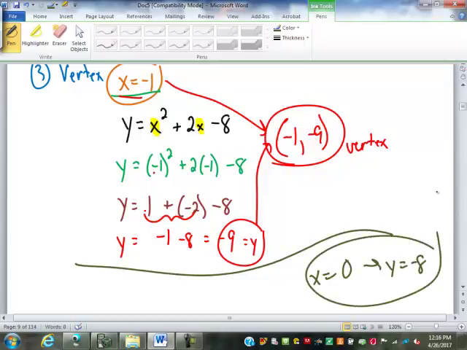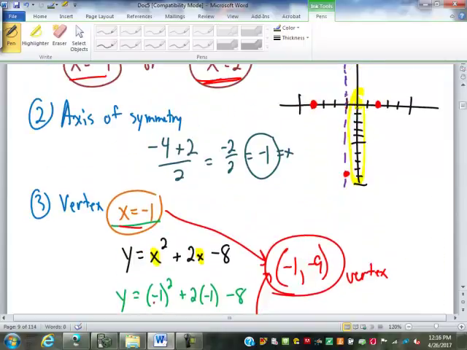So I can put that point in there. x is 0, y is -8 is right here. Well, because of the axis of symmetry, I know there's a point on the other side of the axis in the exact same spot. It's right there. So finding that one point actually gave me 2 points. And now I can probably sketch in the graph of my parabola. Like that.